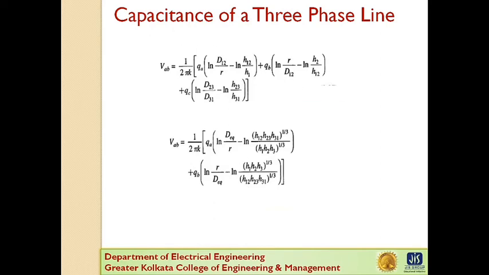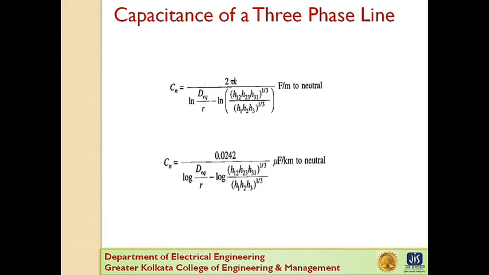The equation for the average value of phasor VAC is found in a similar manner. Proceeding along these lines, using VAB plus VAC equal to 3 VAN and QA plus QB plus QC equal to 0 for the balanced condition, we ultimately obtain the expression for capacitance to neutral.